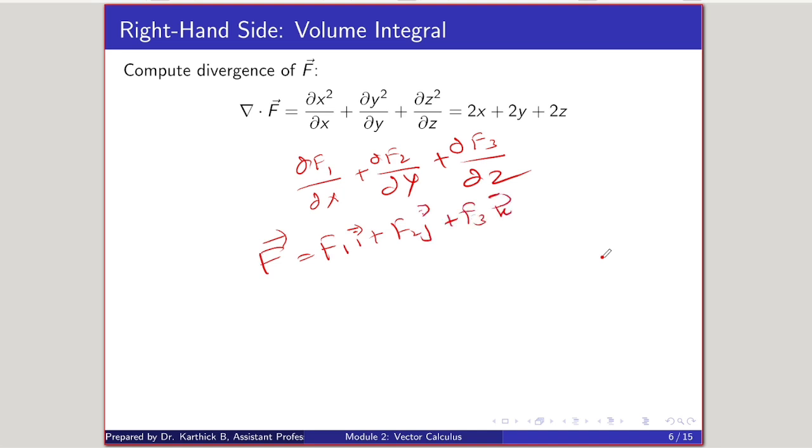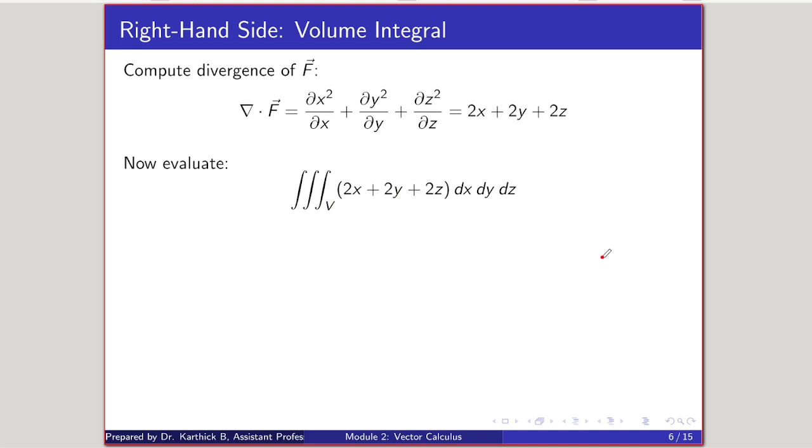In this given equation, it will be x square i vector plus y square j vector plus z square k vector. So we have taken x square, y square, z square alone. On differentiating with respect to x, y, z, we get 2x, 2y, 2z.